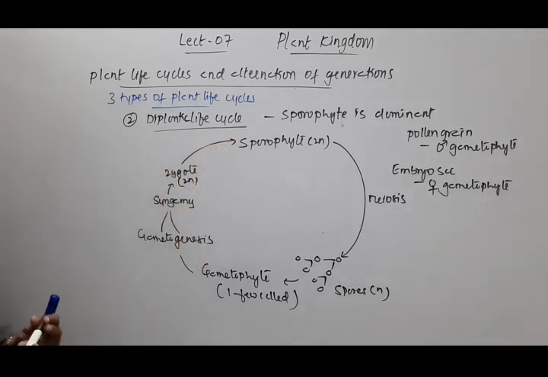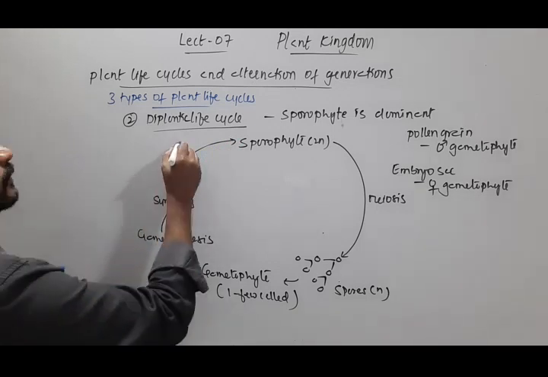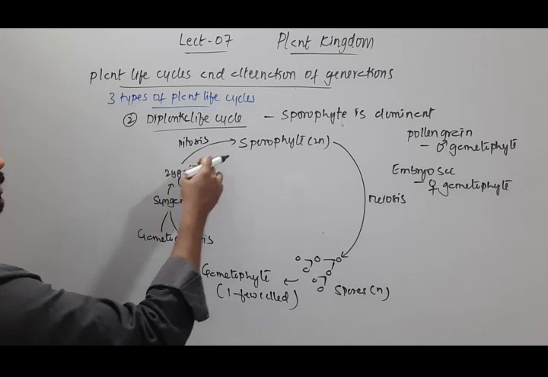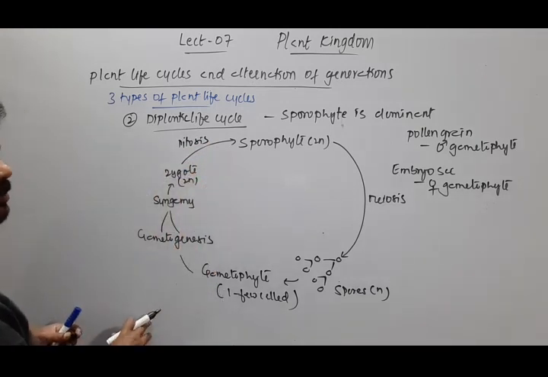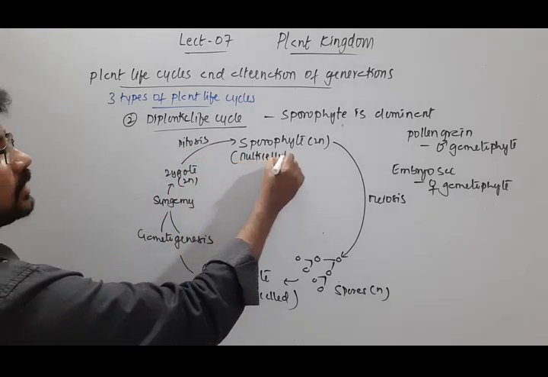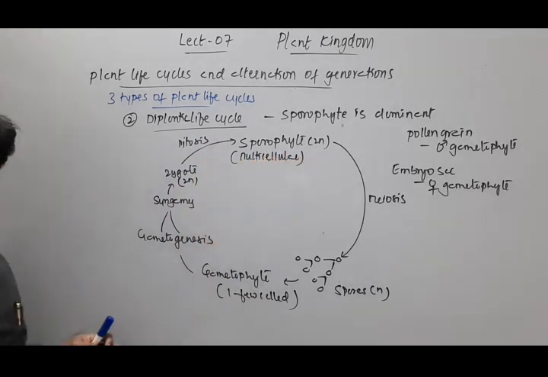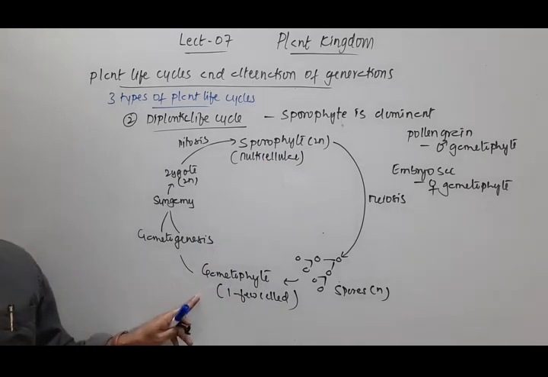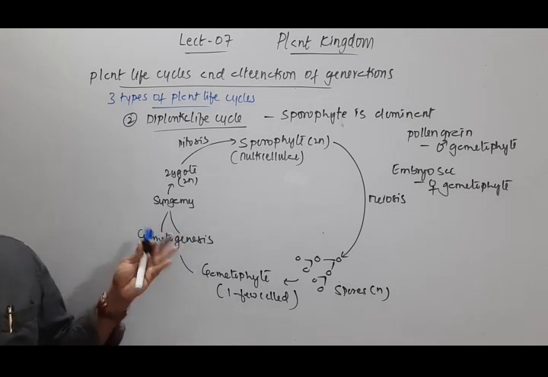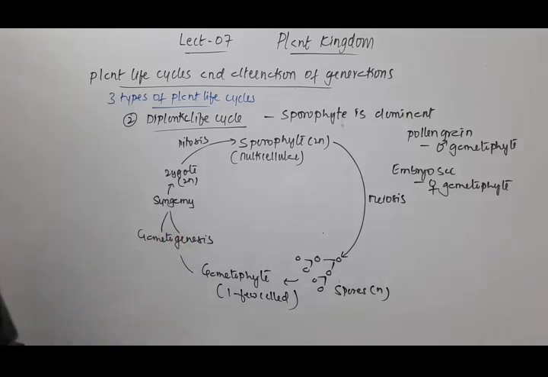So in this case, here we see the mitosis. The zygote will undergo mitosis to produce the sporophyte. So here the sporophyte is multicellular, but the gametophyte is one to few cells. In the earlier life cycle which we have seen, haplontic, the gametophyte is multicellular.